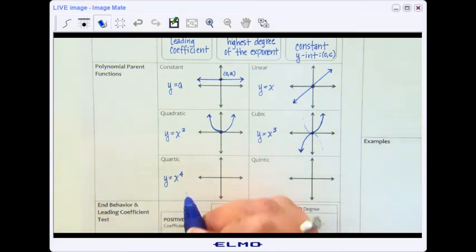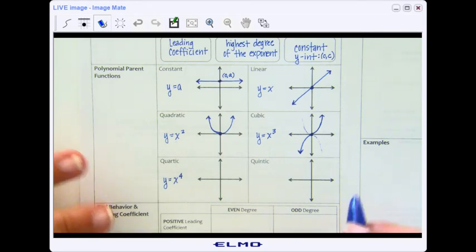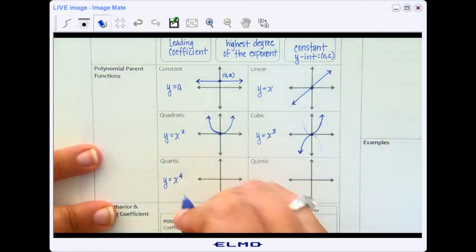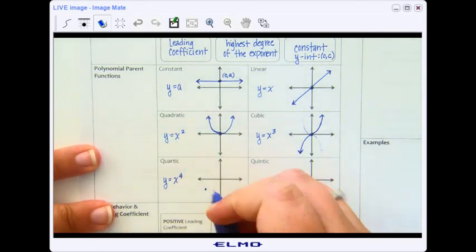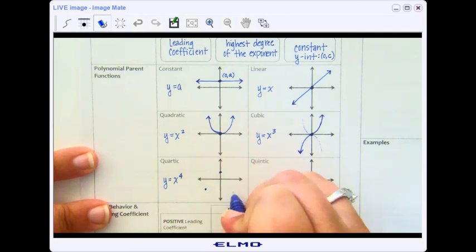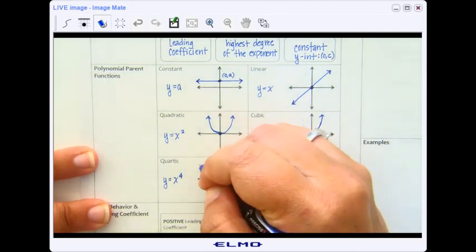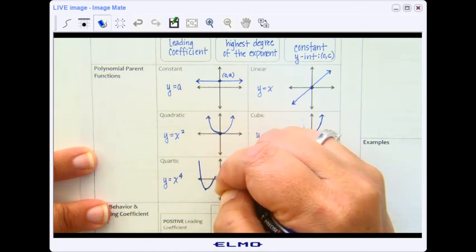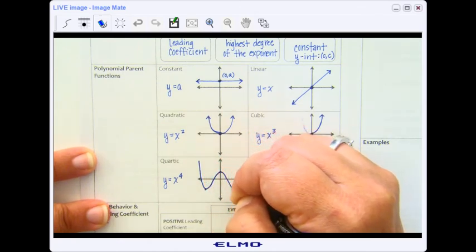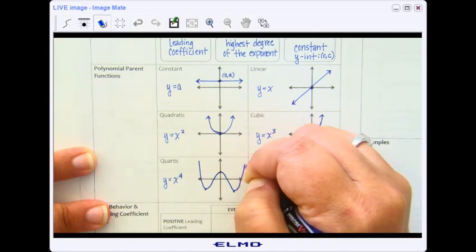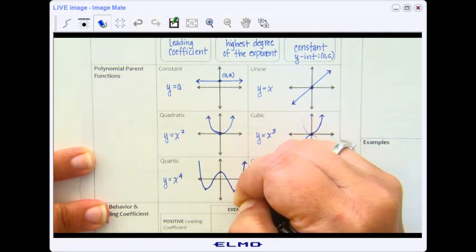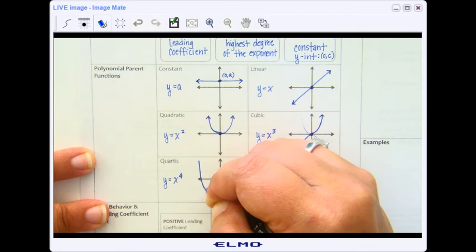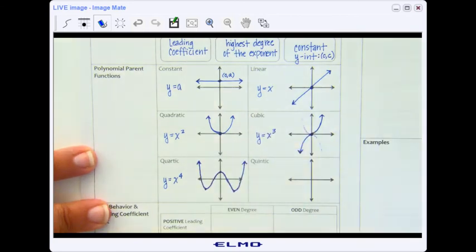A quartic function is going to have three turning points. So to make an exaggerated graph, we're going to start by coming down. We hit a turning point and go up. We hit a turning point and come back down, where we hit a turning point and go back up. Quartic functions are going to have a W kind of shape to them.